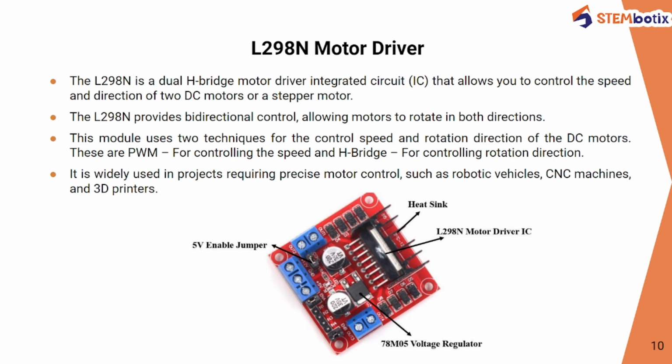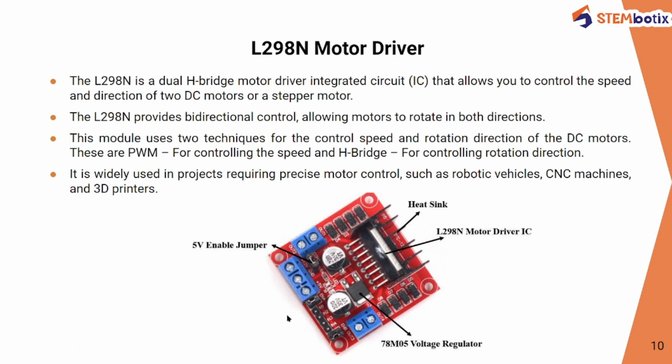So this is how the H bridge configuration is used to control the direction of rotation. The L298N motor driver is widely used in many projects which require precise motor control, for example, in robotic vehicles, CNC machines, or 3D printers.